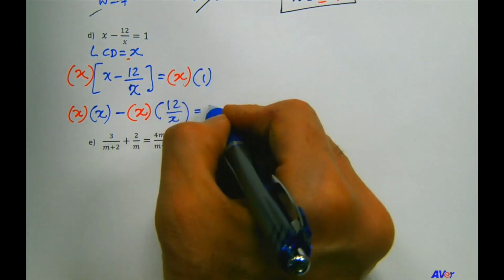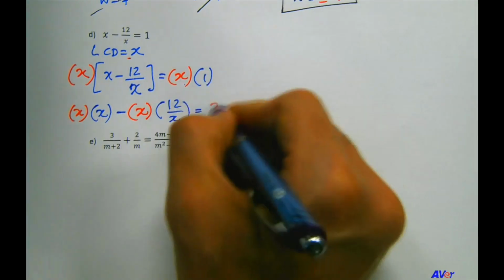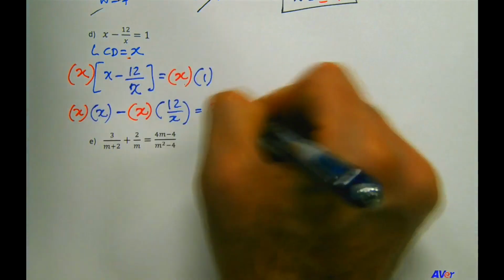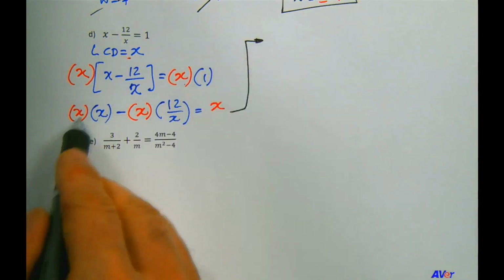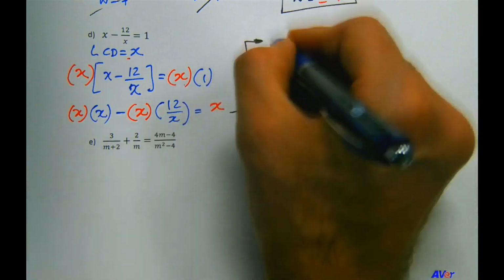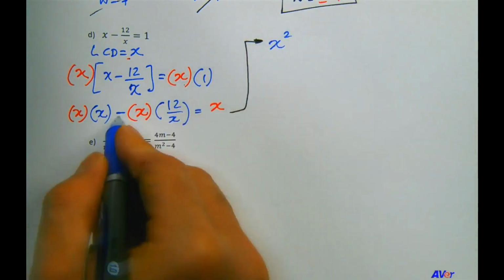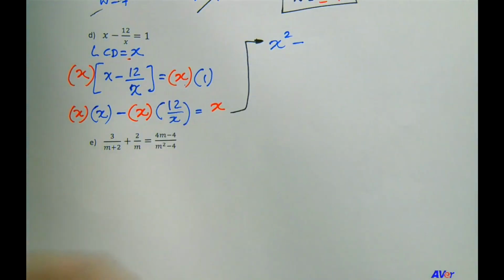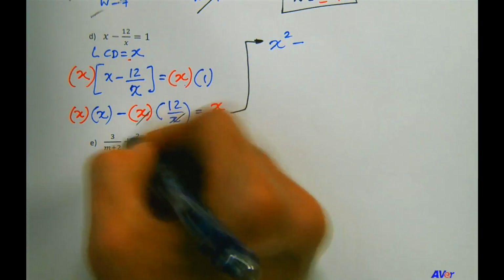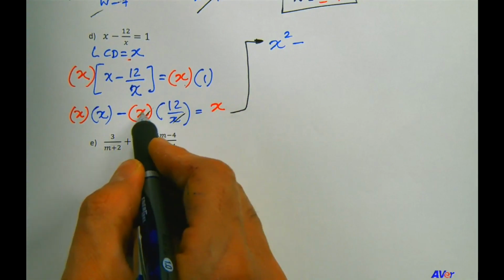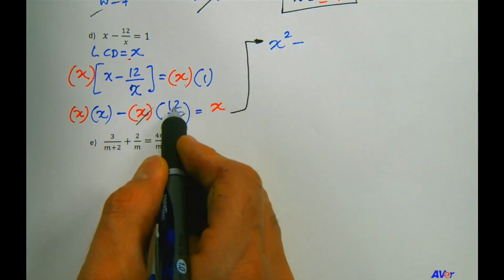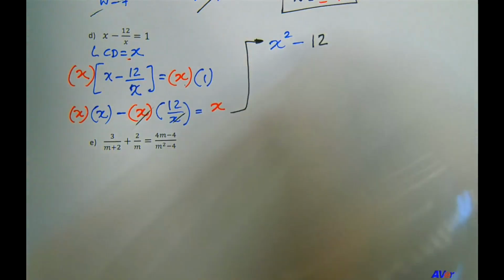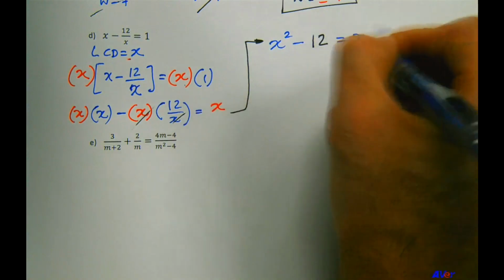We can just write down X. Okay, it's okay. X times 1 is X. Now, on the left, let's simplify. X times X is X squared minus X times 12 over X. So this X and this X cancel out because X is being multiplied by 12. So we end up with minus 12. And on the right, we already have X, right?